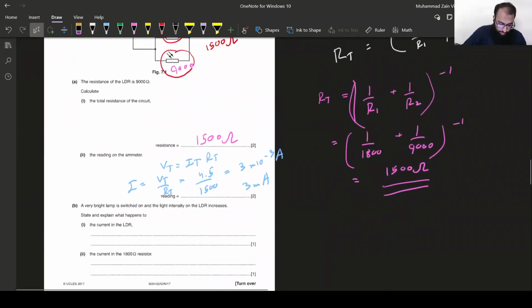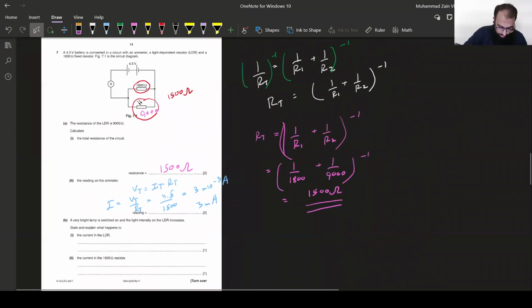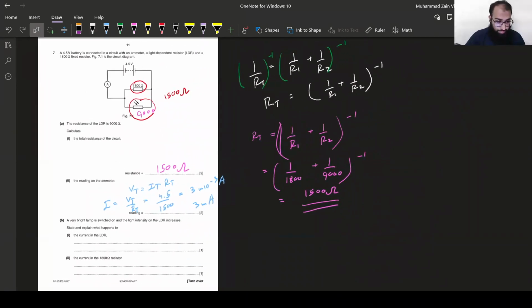A very bright lamp is switched on and the light intensity on the LDR increases. So if the light intensity on the LDR increases, what happens to the resistance of the LDR? When the light intensity increases, the resistance decreases.